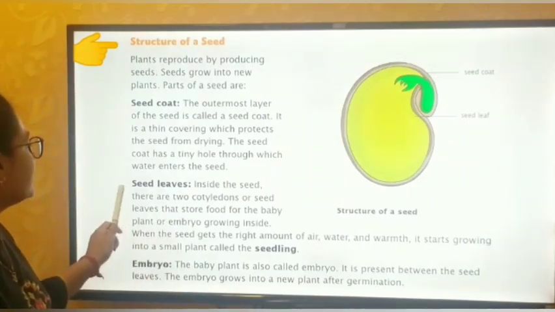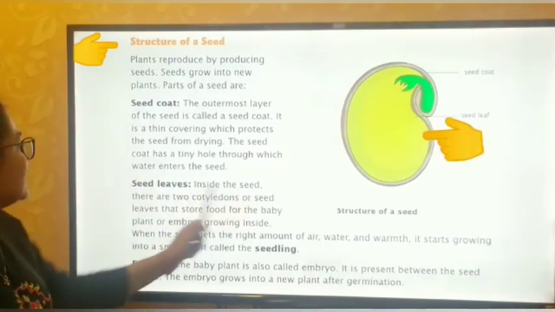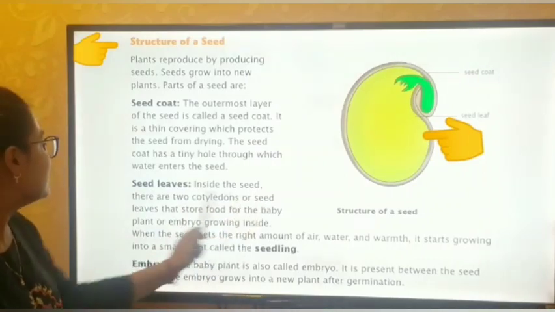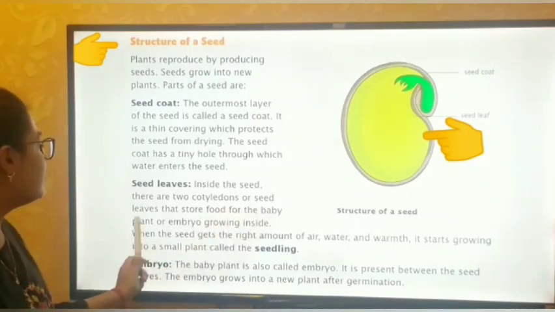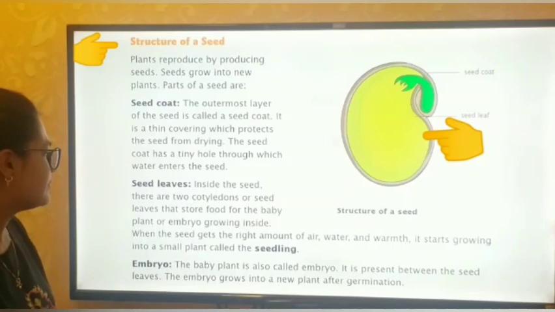Now the second part is the seed leaves. Inside the seed there are two cotyledons, or seed leaves, that store food for the baby plant or embryo growing inside.